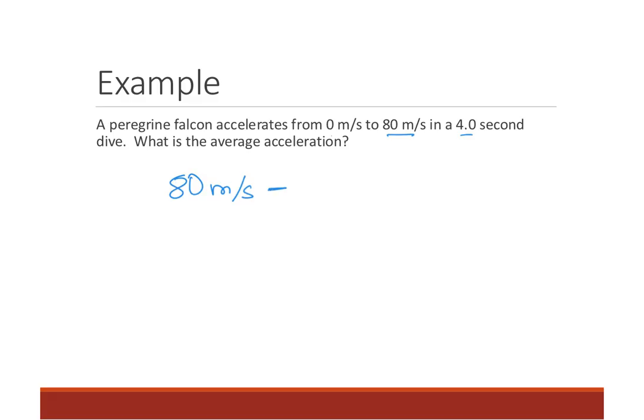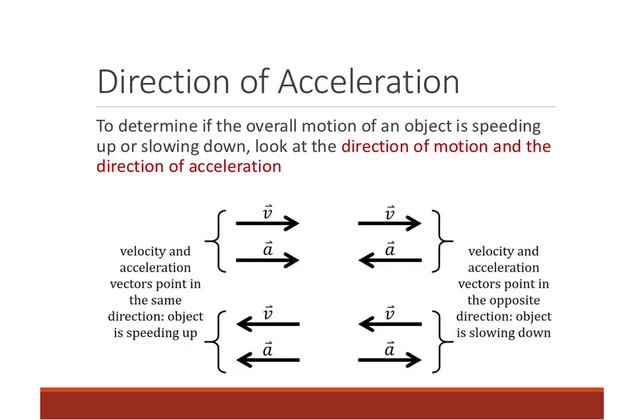Subtract from that our initial velocity, which was 0 meters per second, and then it's over a 4-second interval. Do the math: 80 minus 0 is 80, divided by 4 is 20 meters per second. And since we're over seconds, it's going to be seconds squared. So that's how you calculate an average acceleration once you know your final and initial velocities.